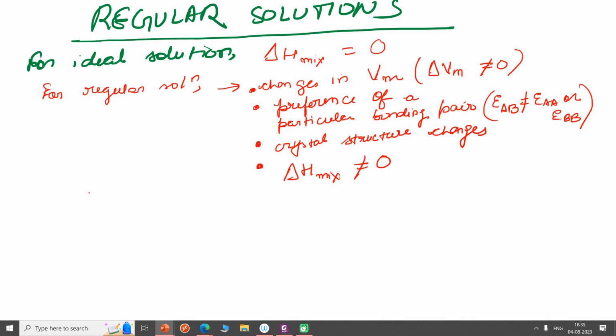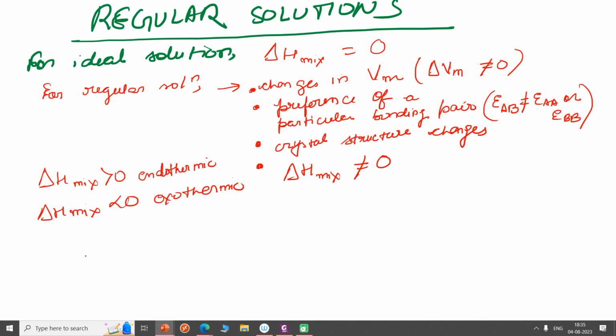So if delta H is greater than 0, we have seen that this is endothermic, while if delta H mix is less than 0, we have an exothermic case.